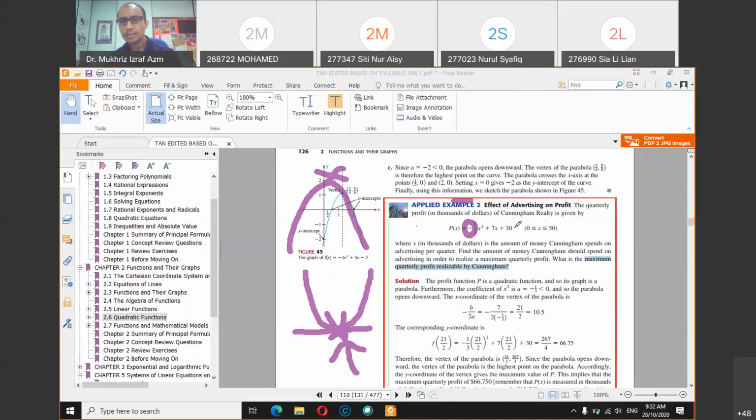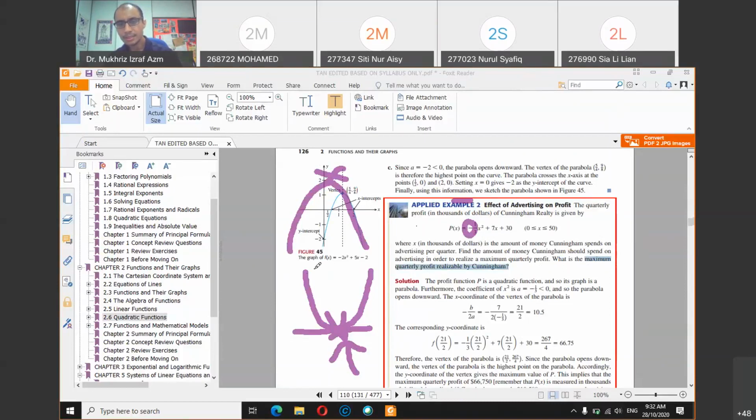So that is the concept that you need to be aware of. If the coefficient for your x square is negative, then most probably you are looking at the profit function. But if the sign for x square is positive, then most probably you are looking at the cost function, because for cost, we want to see the output that minimizes cost.